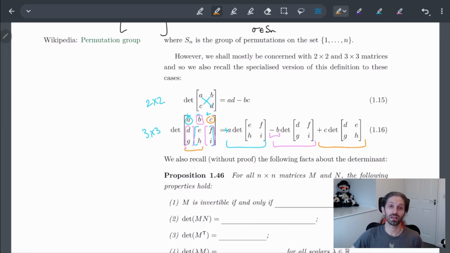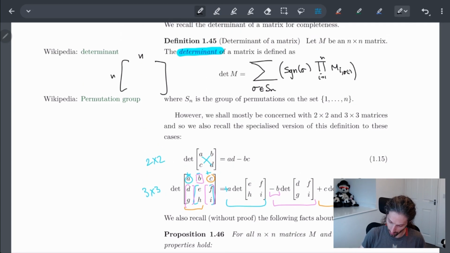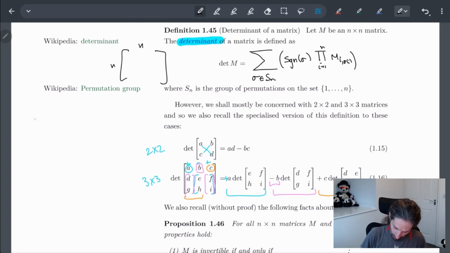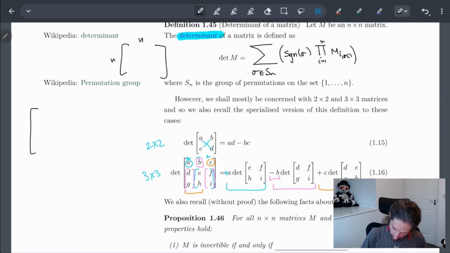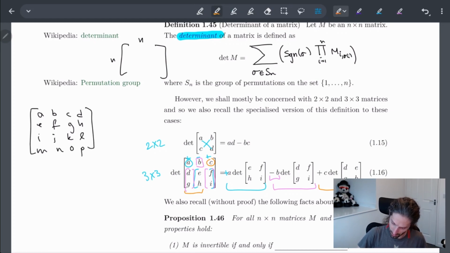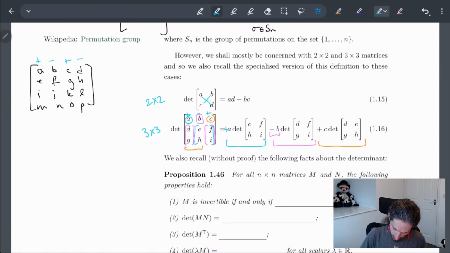If you take this and go higher, this is how we're doing the determinant in higher dimensions. For example, if I have a 4x4 with entries A, B, C, D, E, F, G, H, I, J, K, L, M, N, O, P. The idea here is first you do your plus minus on top, and then you do exactly that. So this is going to be A times the determinant of the blue part.